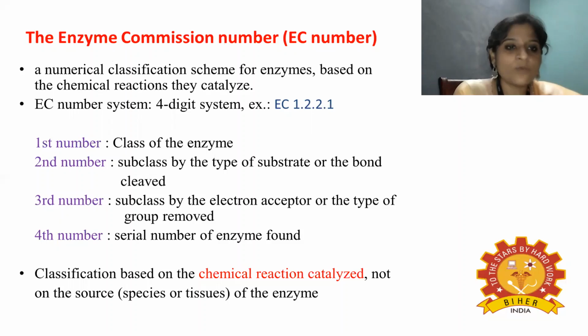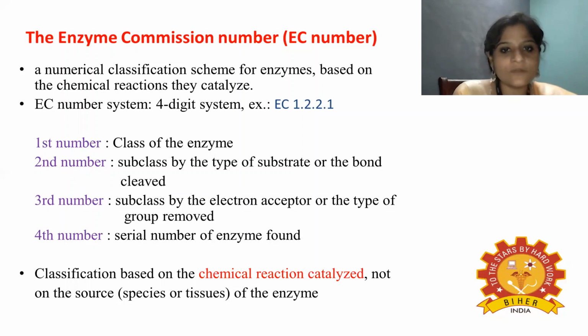Fine. So on what basis they have given this number? Let us see now. Enzyme commission number system. So this enzyme commission number, EC number for each and every enzymes, it is based on what kind of class the enzyme is going to act on in other details.